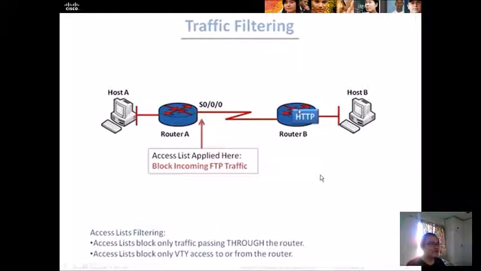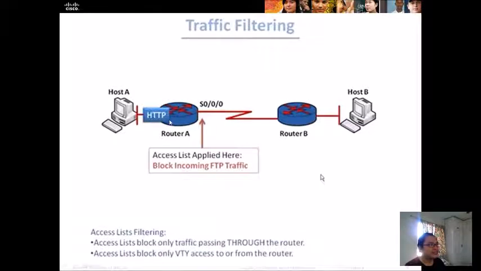If it is HTTP, it can pass through, right? HTTP passes because you told your router to block only incoming FTP traffic. And FTP is not the same as HTTP. So it filters only FTP, that's why all HTTP is allowed. Okay, that's traffic filtering.